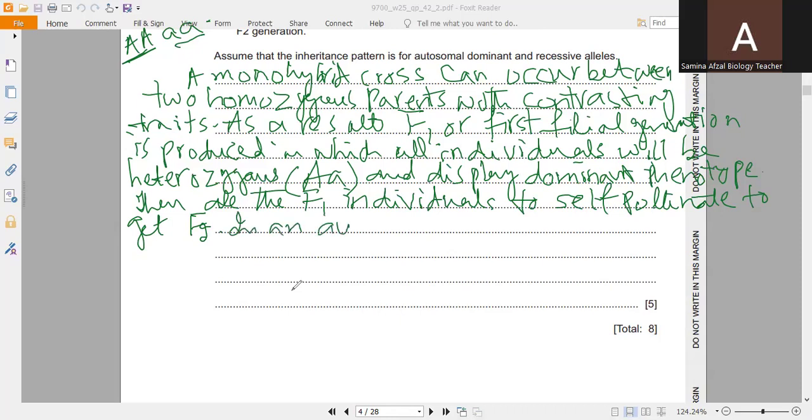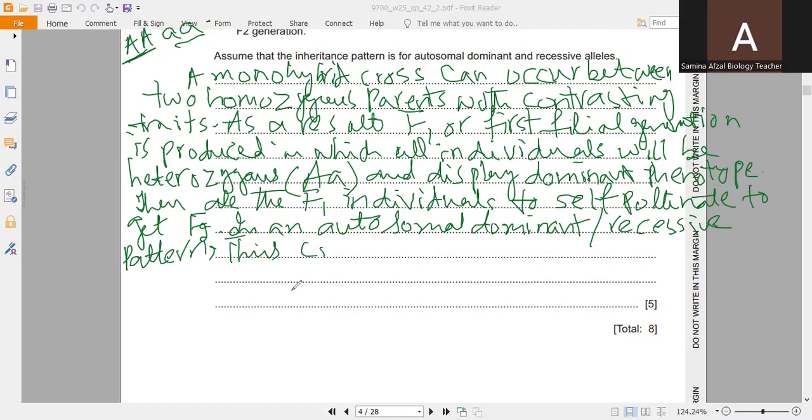So in an autosomal dominant or recessive pattern, this cross results in the following genotypic ratio.